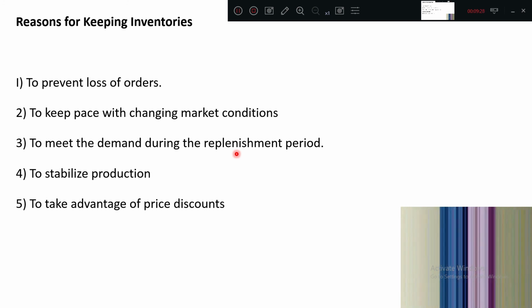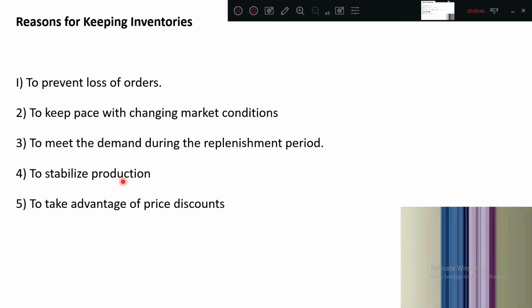To avoid that, you should keep minimum inventory stock. Sometimes it is called dead stock. Those things are very important. During the emergency period, you can utilize them.